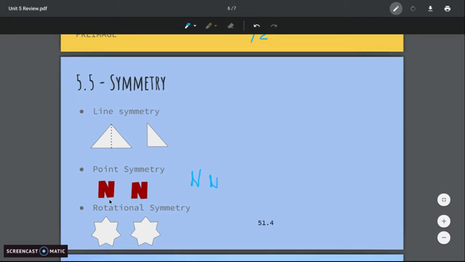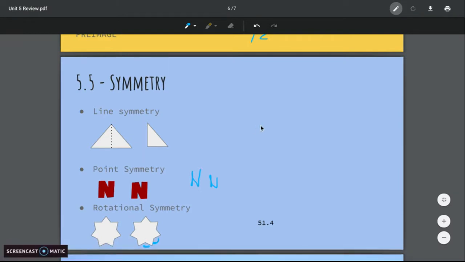And this might look slightly different just because of the font, but rotational symmetry is can something be rotated by a certain degree to still be the same figure? And this is an example, this 7-pointed star, and how you find what degree each thing is by, like from here to here, from here to here.